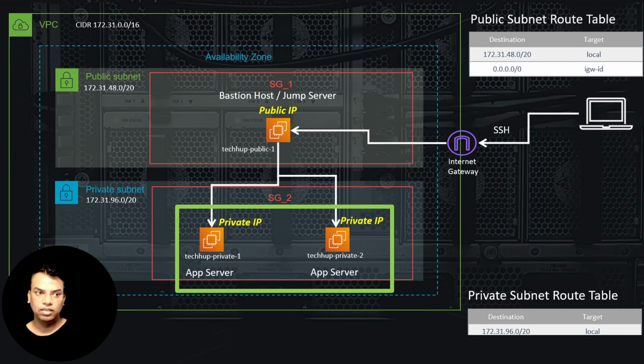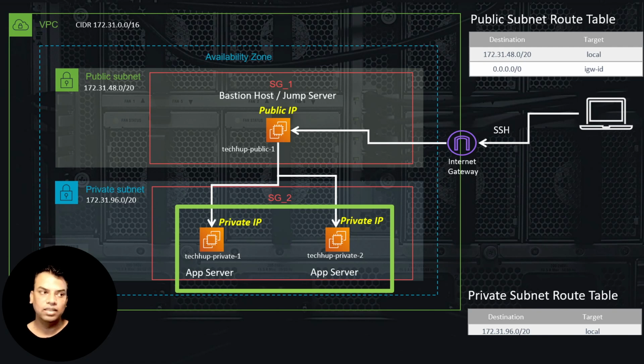But as somebody managing the app deployment, you need to access these app servers. If it's a Linux machine, you need to SSH into it in order to configure the HTTP server, deploy the application, test it, or perform whatever activity you need on these instances. For that, you require SSH access into these appliances.